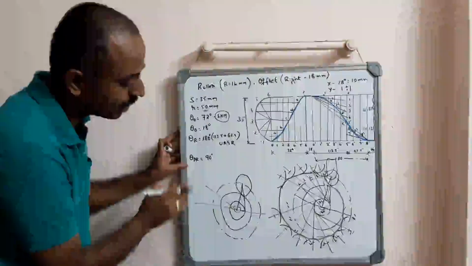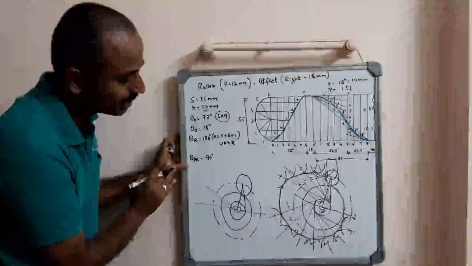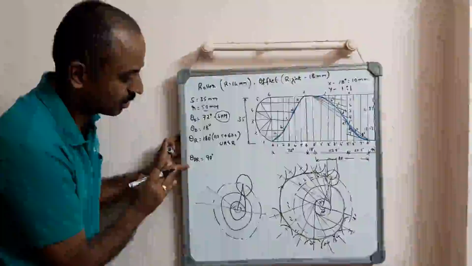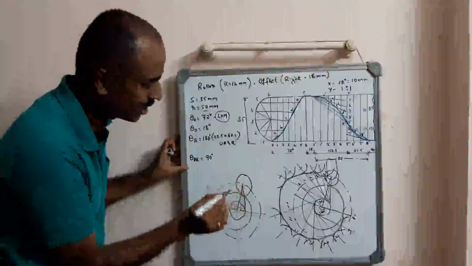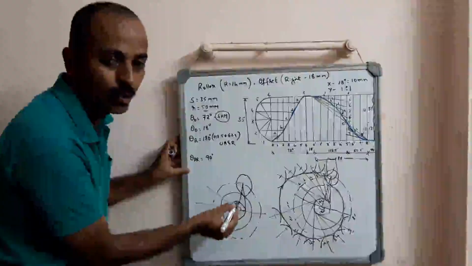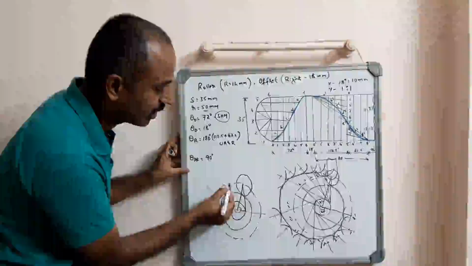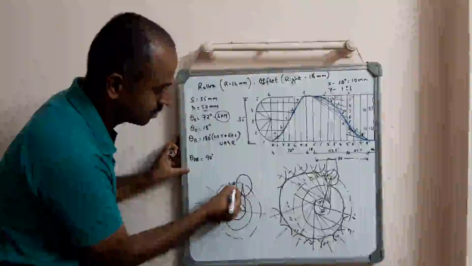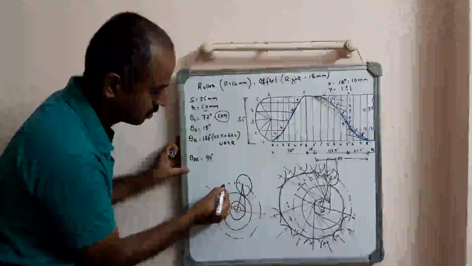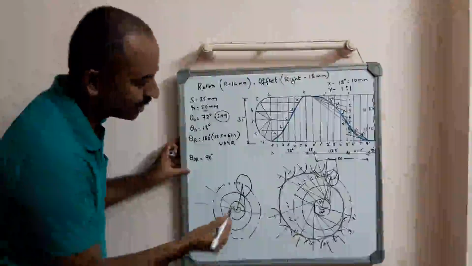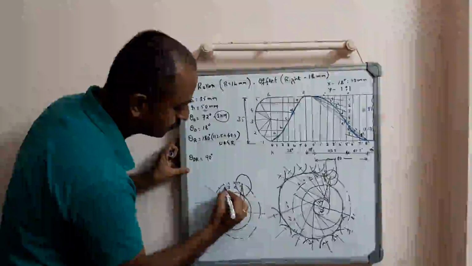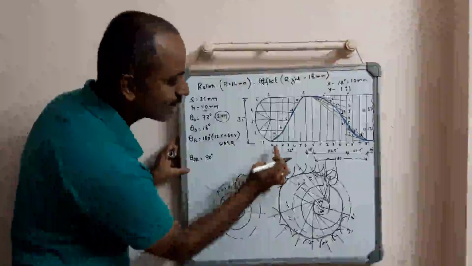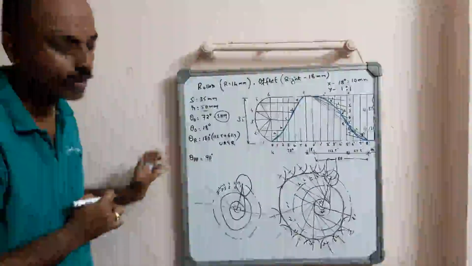Divide the corresponding outstroke region in the cam profile into 6 equal parts. Divide the prime circle into 6 equal parts. So 72 degrees divided into 6 equal parts. These are our 1, 2, 3 points.